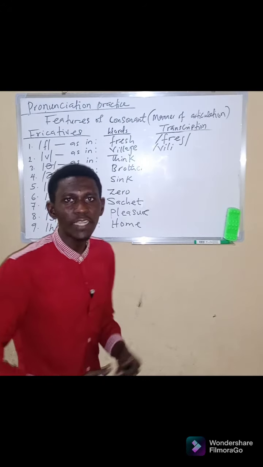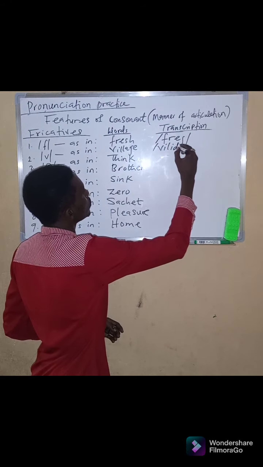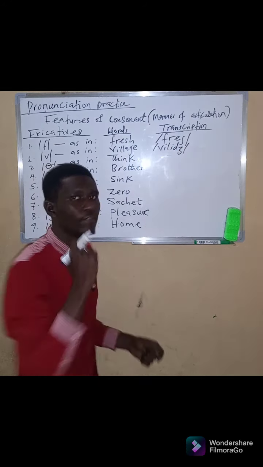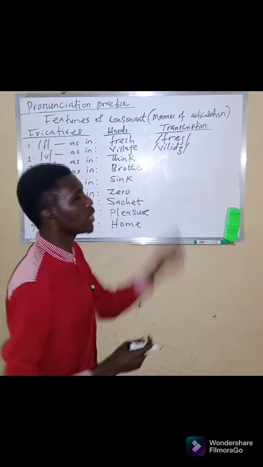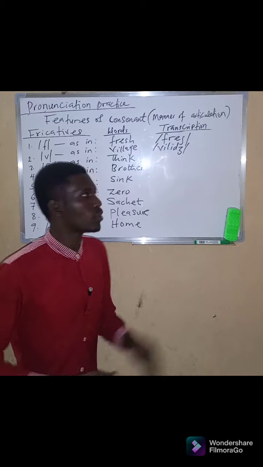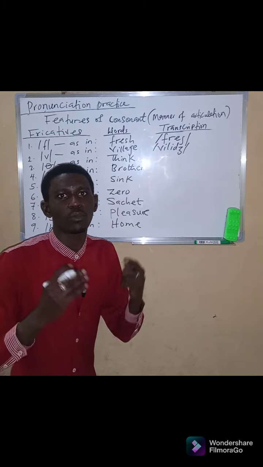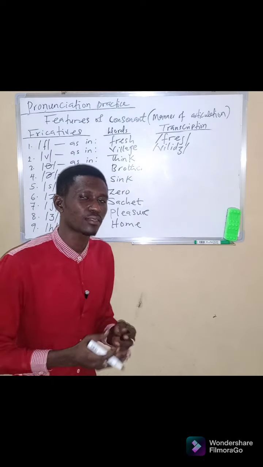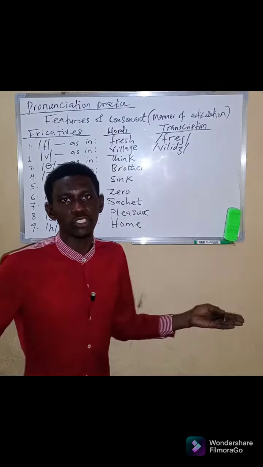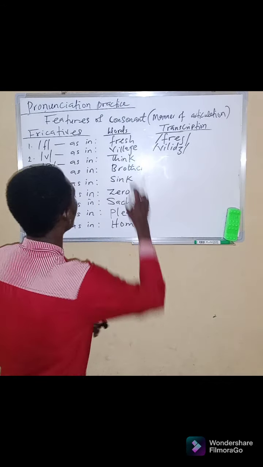So here we have villi, with the j, the heavy j sound. So here we have the transcription of the word village. This is one of the most mispronounced words, as we pronounce it wrongly as village or village, but the correct pronunciation of the word is village.